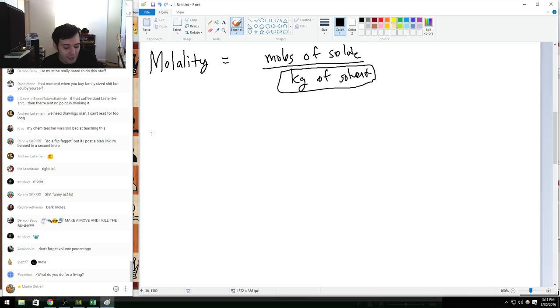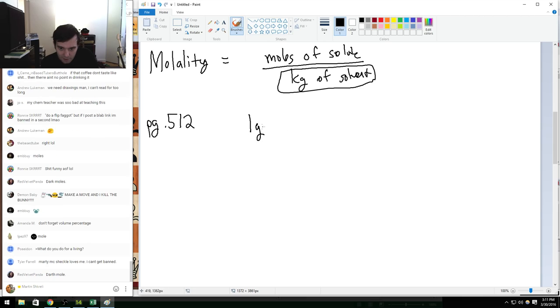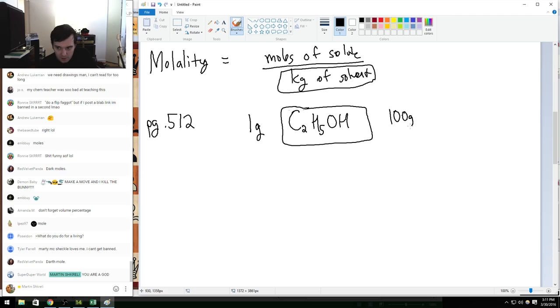So the book wants us to do an ethanol solution. This is an alcohol that we drink. Some of us drink, at least. I hope you don't drink too much. 1 gram of ethanol. So we'll just put down the ethanol, C2H5OH. We're going to learn a lot of these organic hydrocarbons in chemistry over time, but C2H5OH with 100 grams of water.